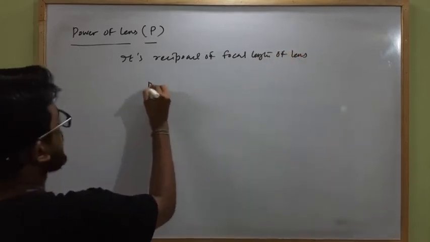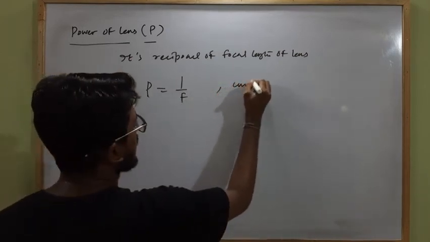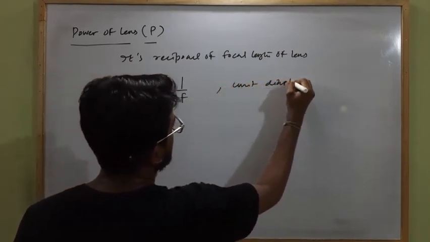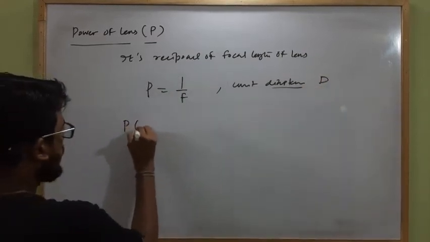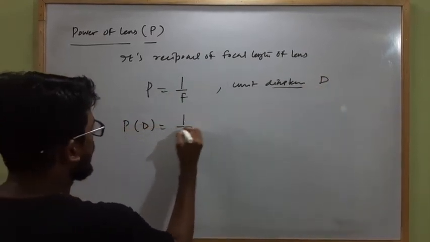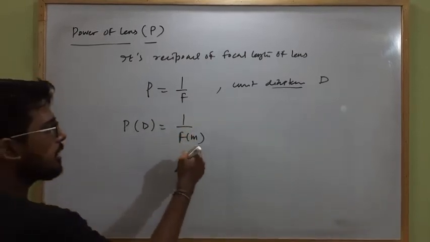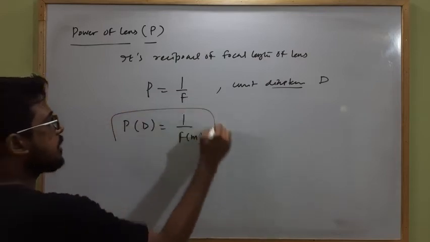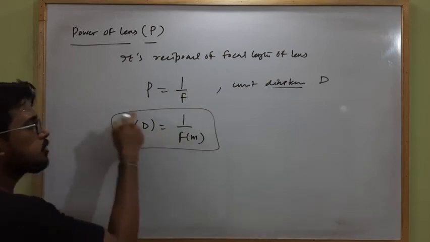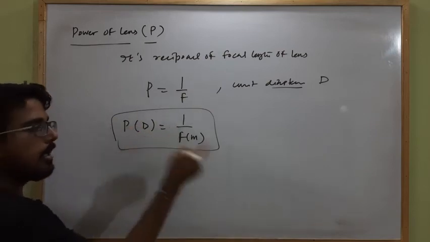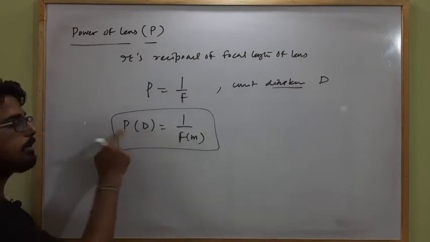So power of lens P equals 1 by F and the unit is diopter, denoted by D. So power will be in diopter if F is in meter. When focal length is measured in meter, power will be measured in diopter. As the focal length of a convex lens is positive, the power of the convex lens will be positive. As the focal length of a concave lens is negative, the power of the concave lens will be negative.